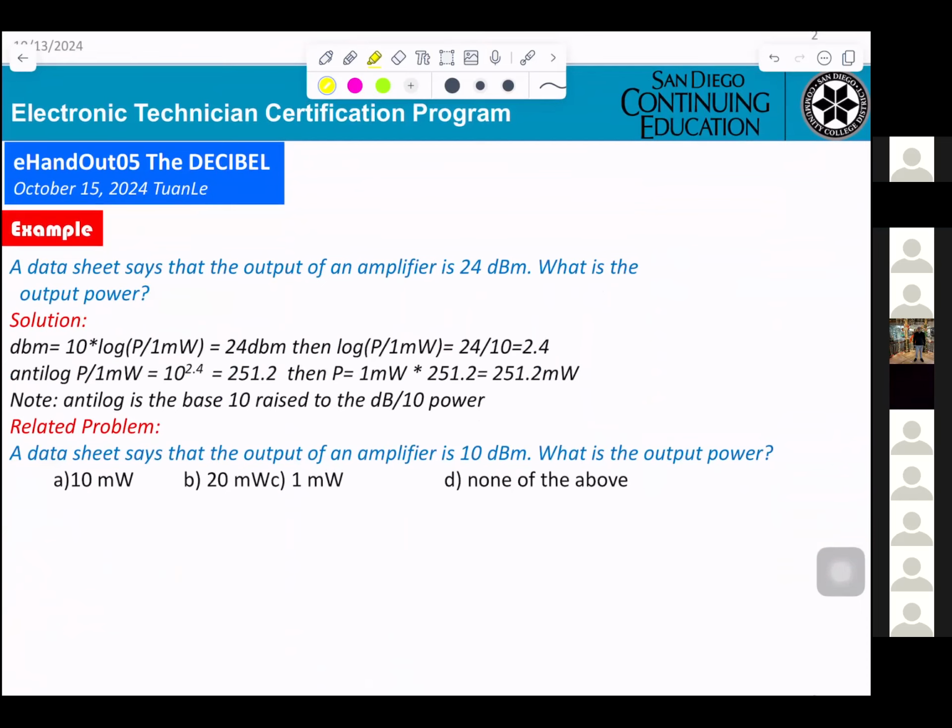A data sheet says that the output of an amplifier is 24 dBm. What is the output power? So basically they get a dBm. How come they get dBm?